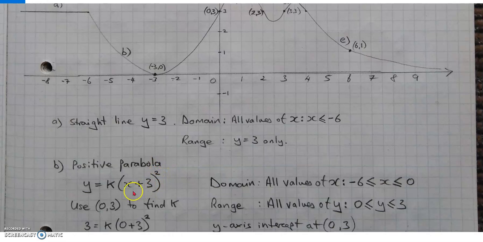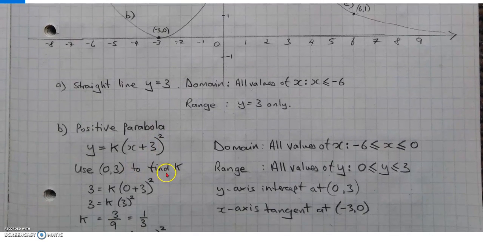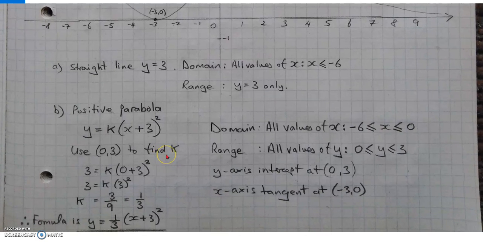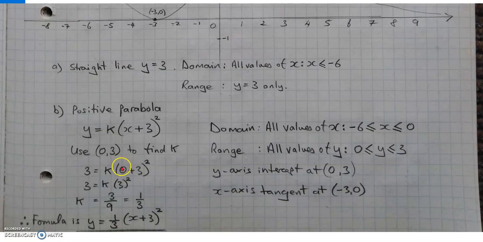Now, when we start the equation like that, we don't know what k is. So we use a point through which the curve goes. The point I've used is this point here, where it cuts the y-axis, at 0, 3. So I'm putting 0, 3 into the equation: 0 for my x, and 3 for the y.